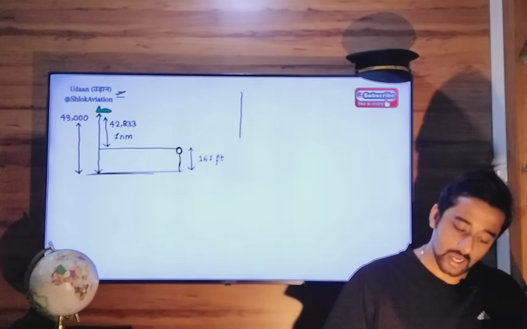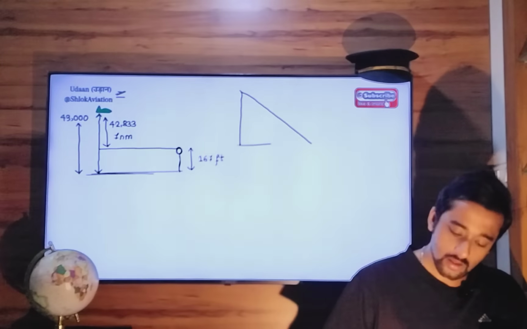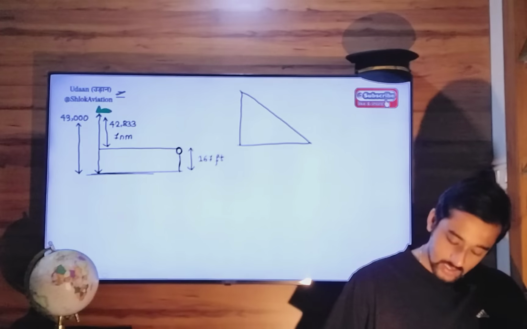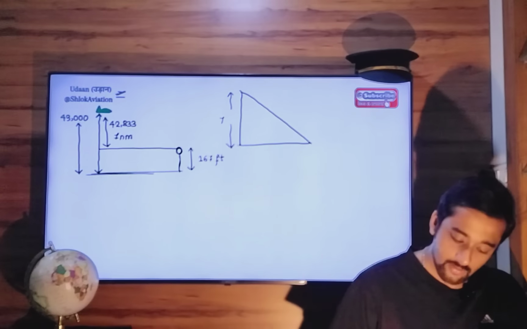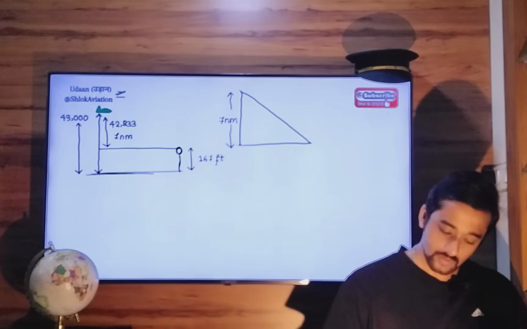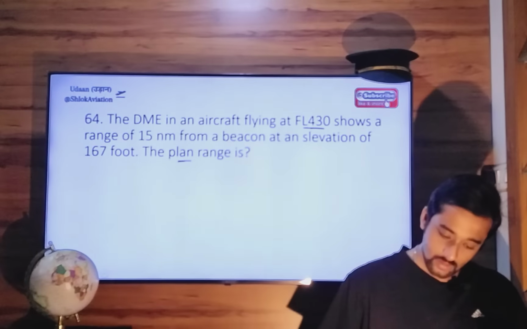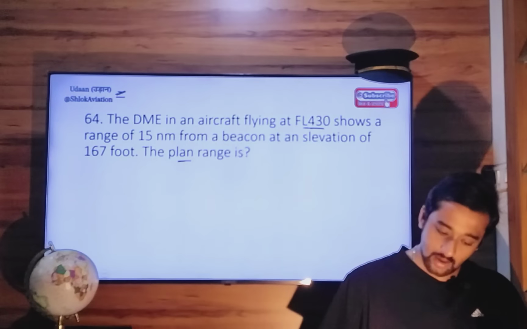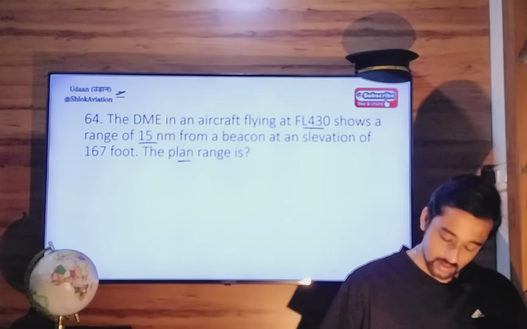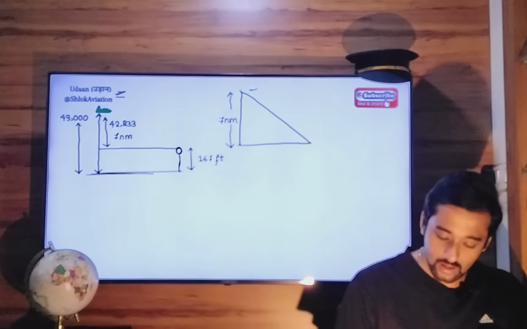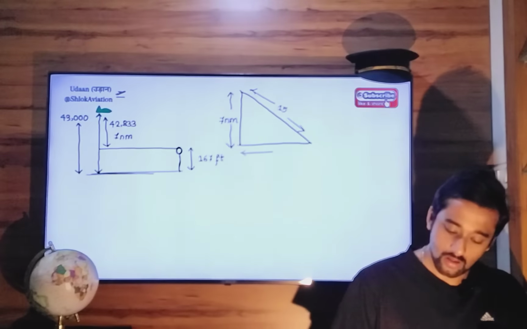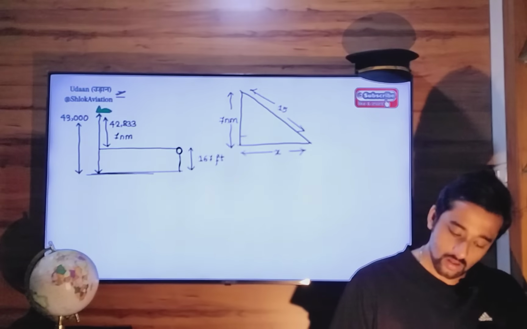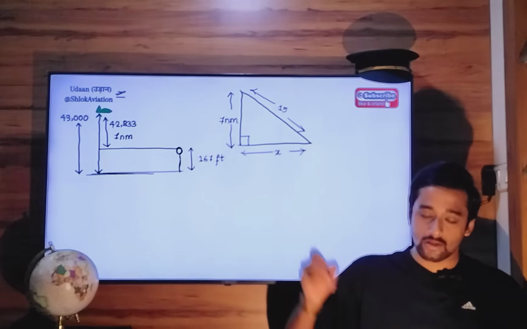So I will draw a triangle here. This is 7.1 or 7 nautical miles, and DME is 15. We have to find out this ground range.